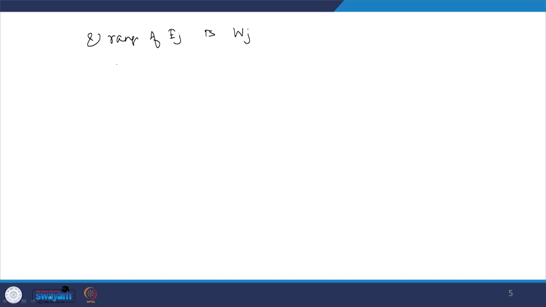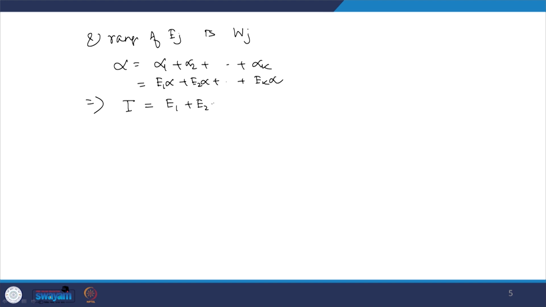We see that alpha equals alpha 1 plus alpha 2 plus alpha k. Since alpha 1 belongs to the range of E1, I can write E1 alpha plus E2 alpha plus Ek alpha. So, this implies the identity operator equals E1 plus E2 plus Ek.